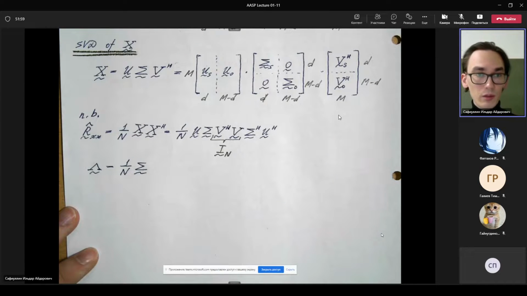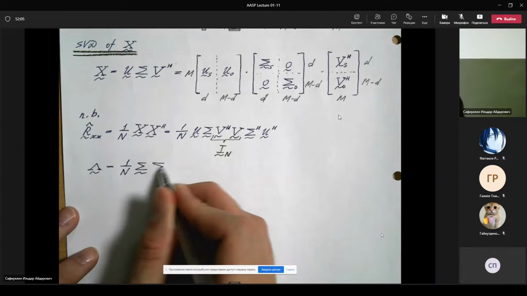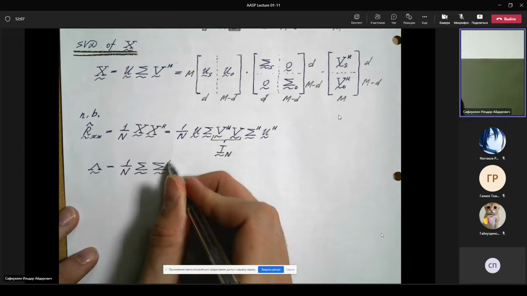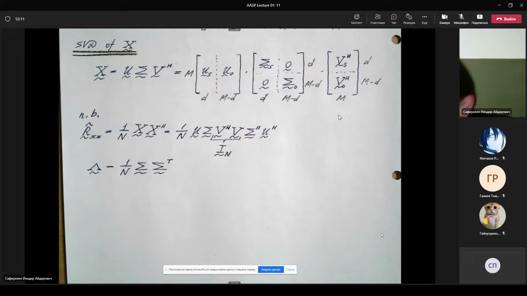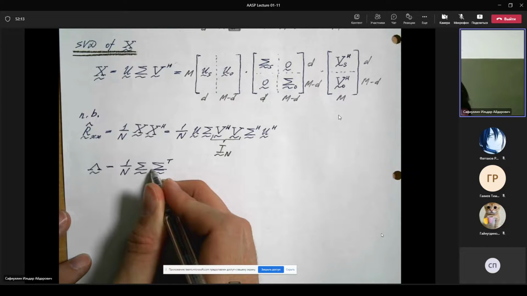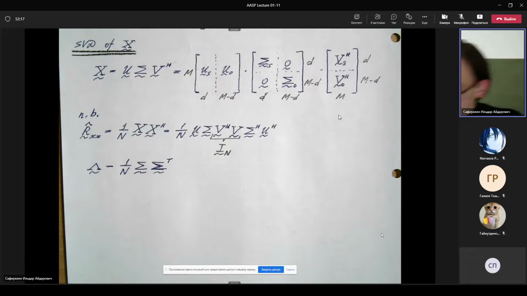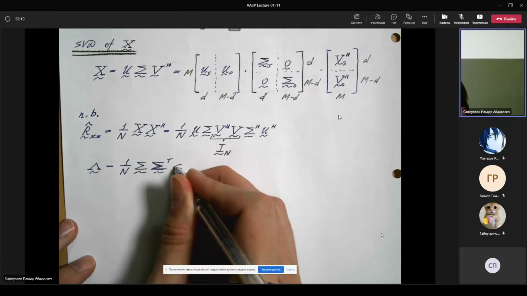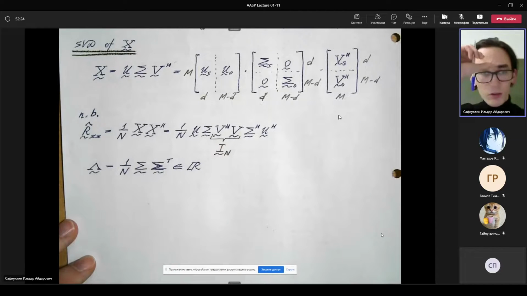So because values of sigma is real, we can write it without conjugation operation. And this one is real, of size m times m.